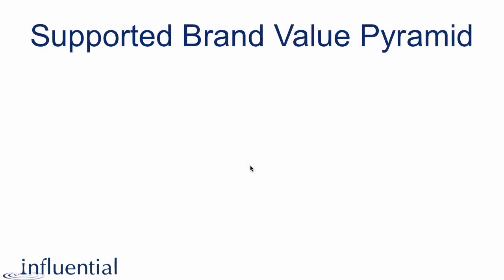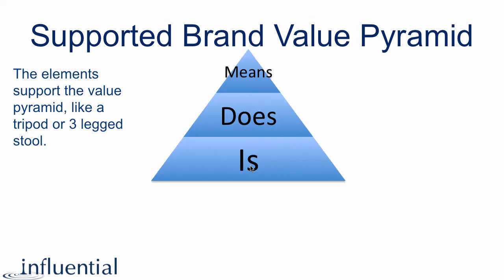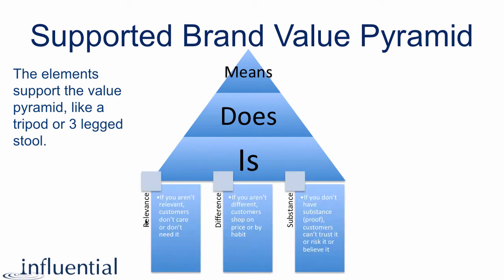So a valuable brand holds these three aspects, and effectively these three elements support the value pyramid that we discussed earlier. So having those three pillars of relevance, difference, and substance, they actually support the is, the does, and the means. And if one of these is missing, then you can't create a valuable brand. So if you're not relevant, your customers just say, look, I don't care, I don't need it, I'm not interested, I'm not your customer.